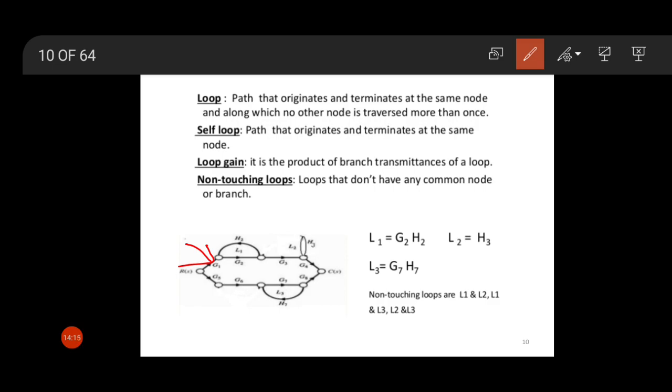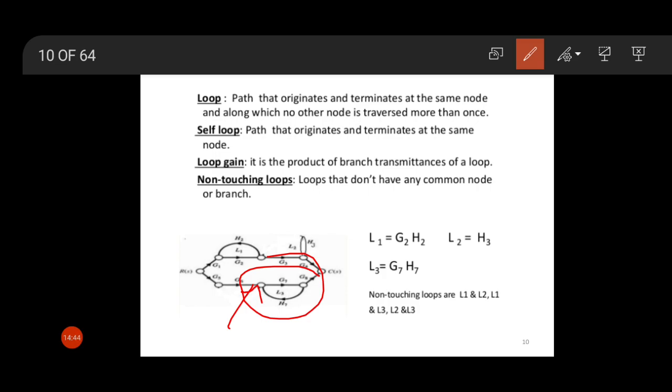The second loop also originates at this node and terminates at the same node. If we consider the third loop, again it starts from this node and terminates at the same node.